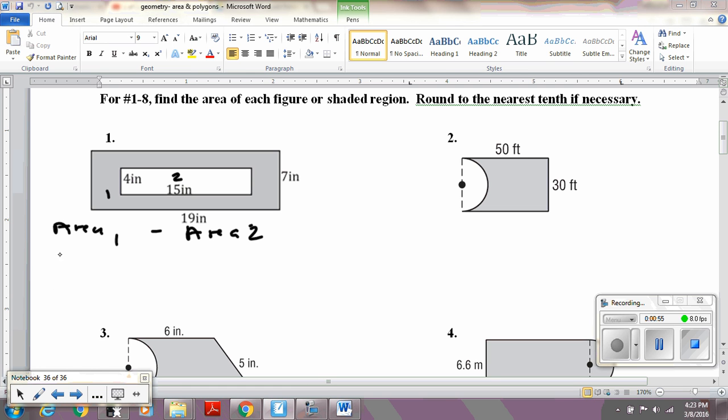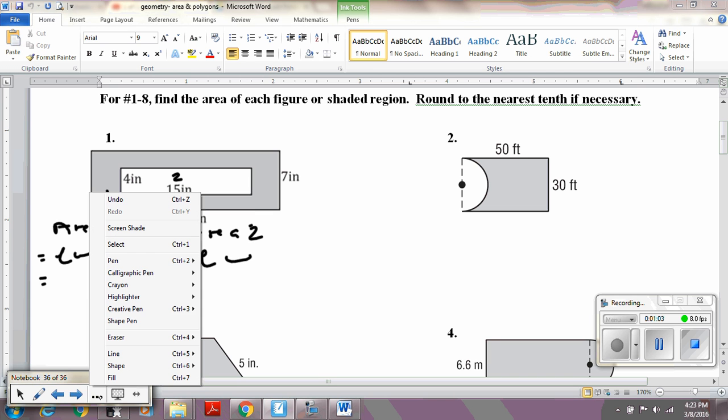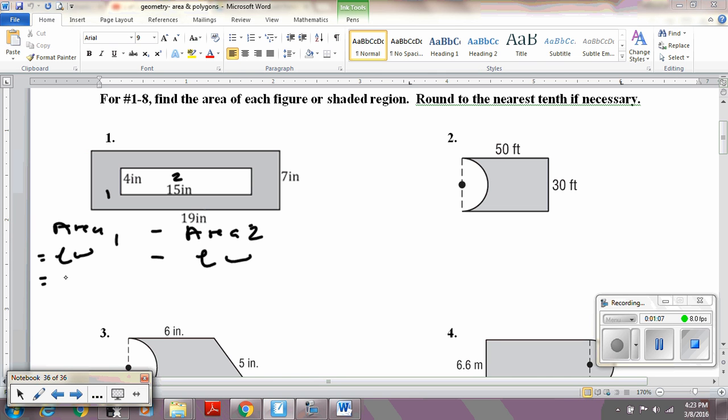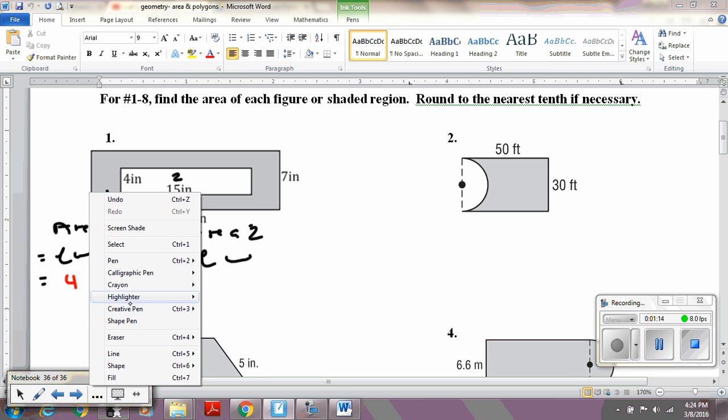Since they're rectangles, they're both length times width. For 1, it has dimensions of 4 by 15. I'm sorry, 7 by 19.